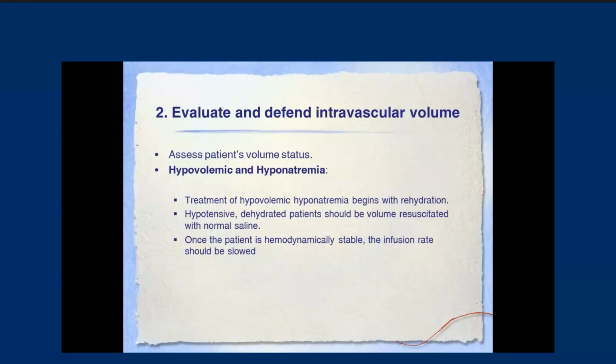At the same time, the serum sodium may rapidly return toward normal. But in some patients we need to be cautious because this may result in overly rapid correction of hyponatremia, which may end up in osmotic demyelinating syndrome.